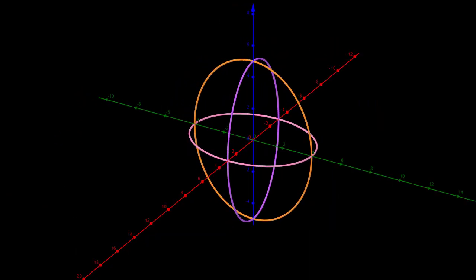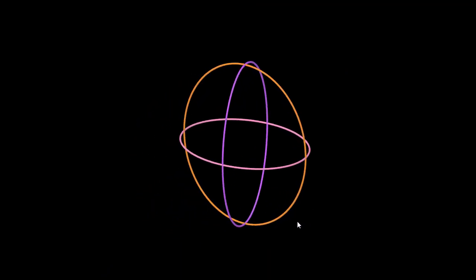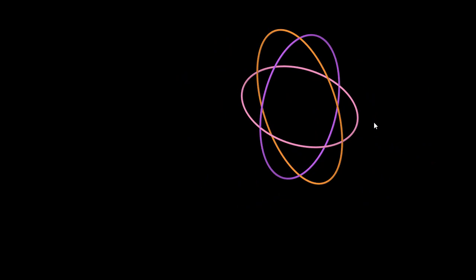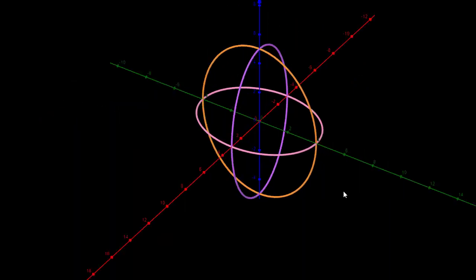Okay, so if I get rid of the axes here, we can see a pretty good representation of the ellipsoid. All right, let me bring the axes back because it's not rotating right in the center.